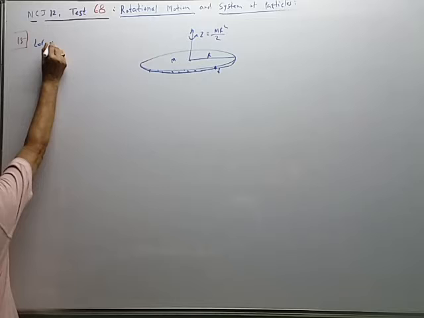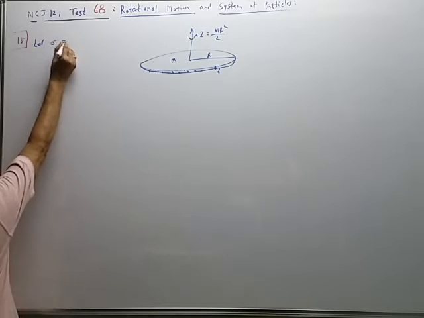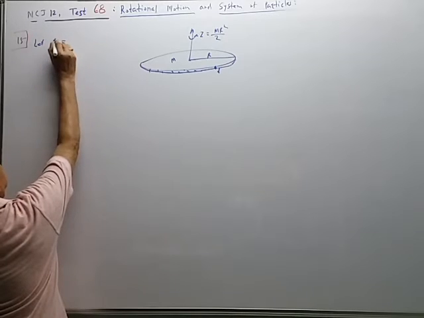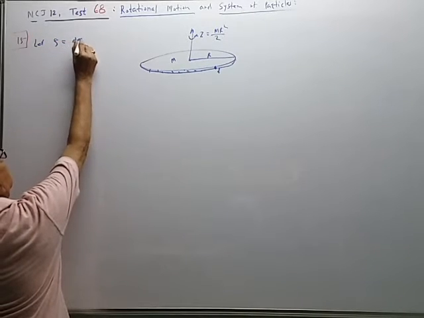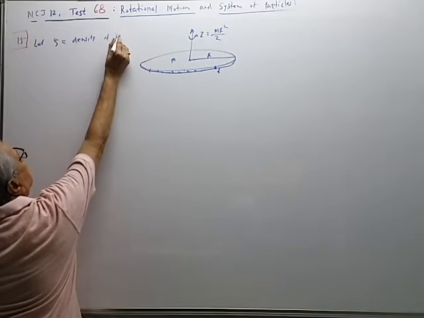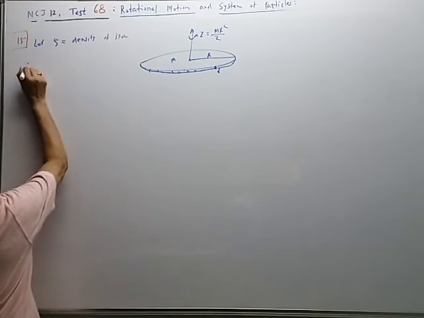Then rho is equal to density of the iron.